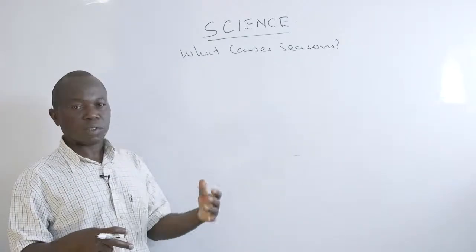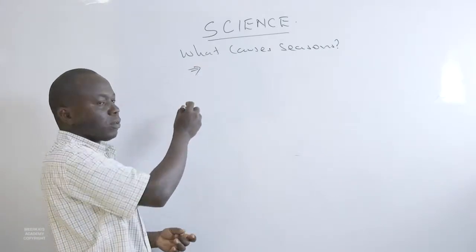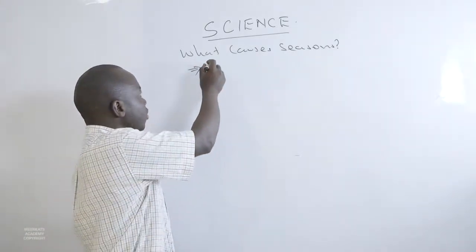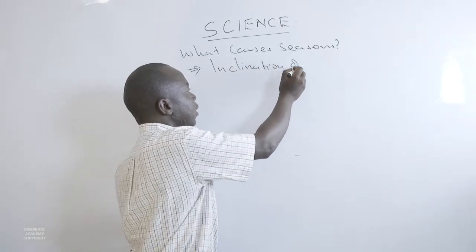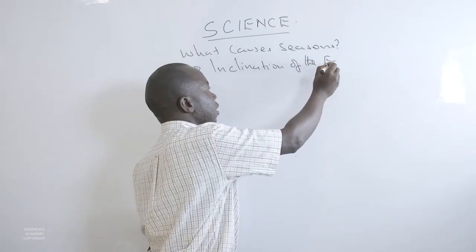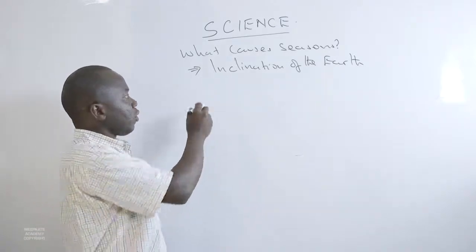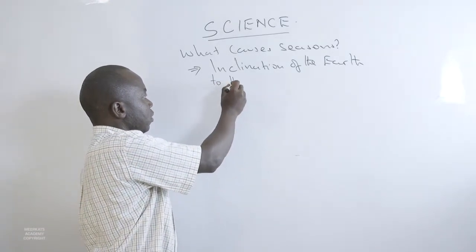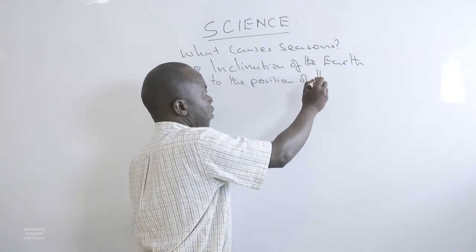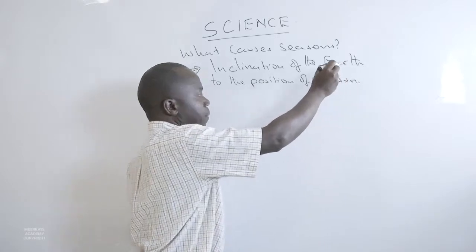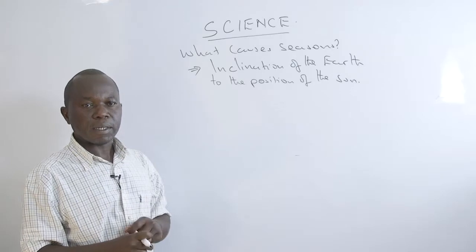So what causes seasons on Earth? There are two reasons that cause seasons. One is the inclination of the Earth in respect to the position of the sun, the angle at which the Earth is inclined to the sun.